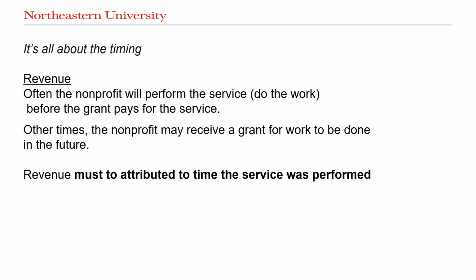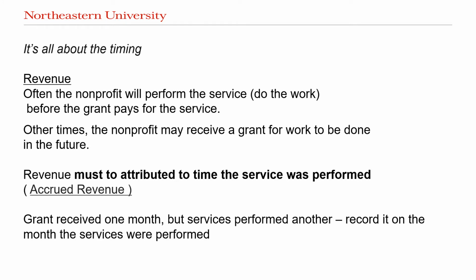Regardless, the revenue must be attributed to the time the service was performed, not when the payment was received. That's called accrued revenue. So you get a grant in the mail for 1 month, but you've done the service in another month. It is recorded, it is recognized the month the service was performed.